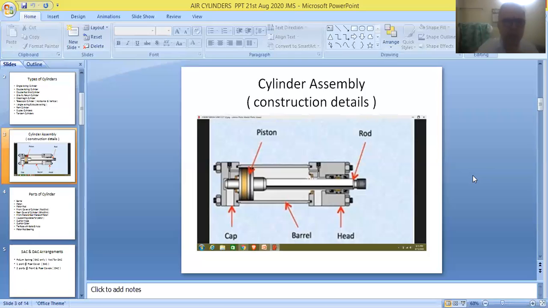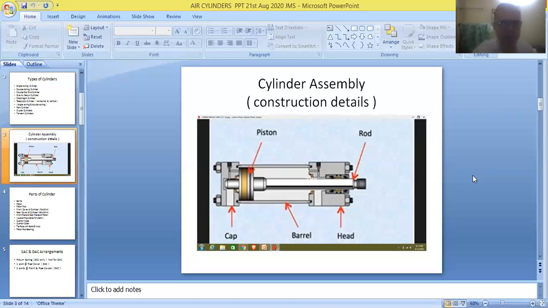Similarly, friends, two plates are used for supporting the piston. The piston will be moving inside the cylinder, and it will have a tendency to swivel in this direction. So we have to provide supporting elements.